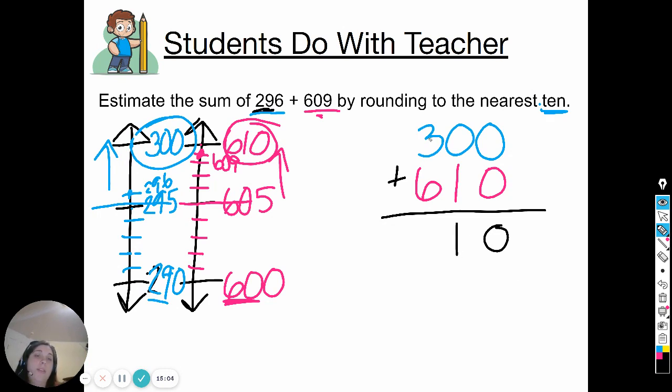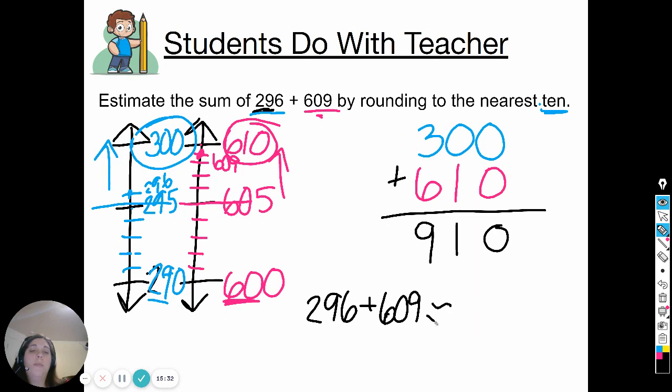And then in the hundreds, 300s plus 600s, 3 plus 6 is 9. So, you don't have to write this part, 296 plus 609 is about 910, rounded to the nearest tens place.